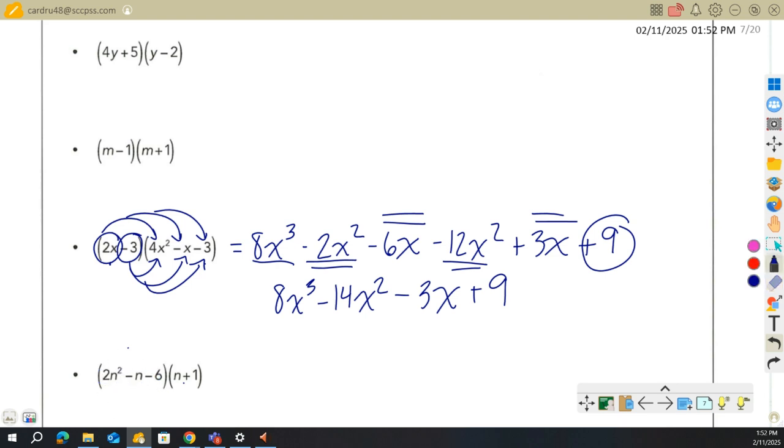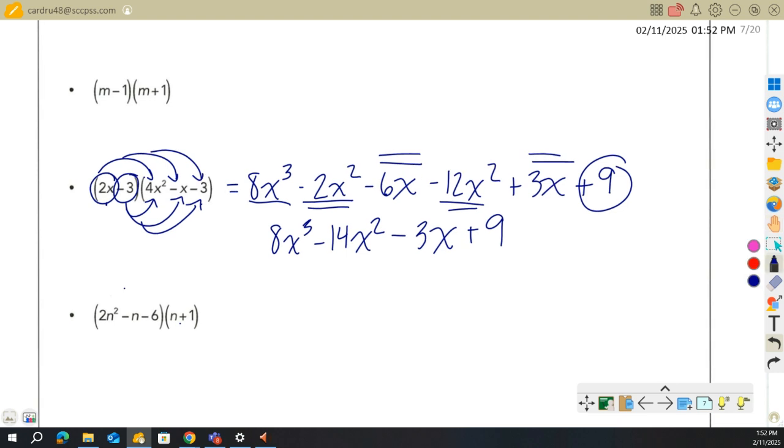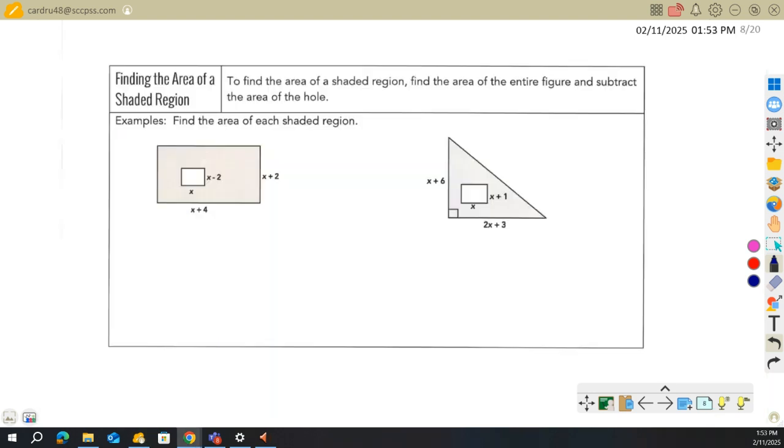This is the same thing as n plus 1 times 2n squared minus n minus 6. These are the same thing. And I think I like multiplying it more this way, so I don't have as many things going on. So go ahead and try that and check your answer with the key in Brightspace.